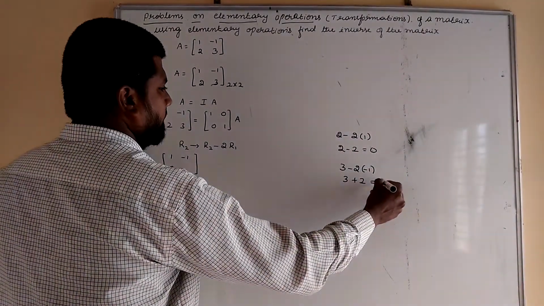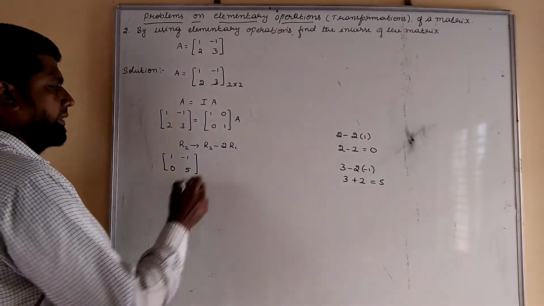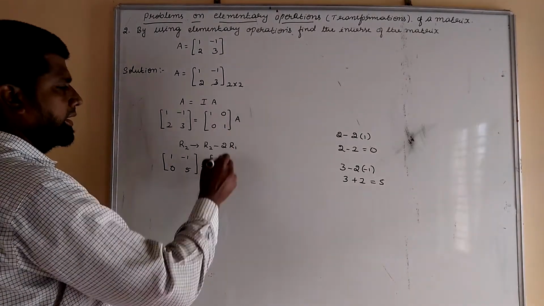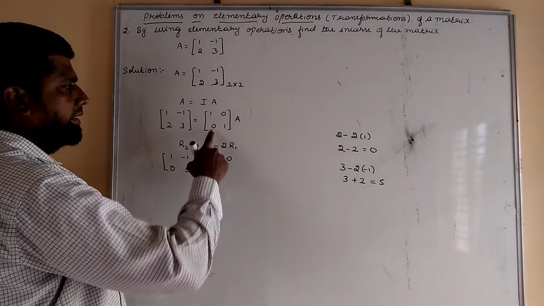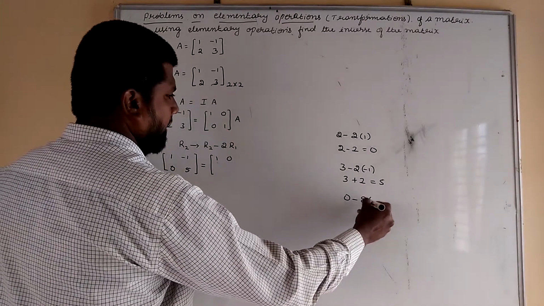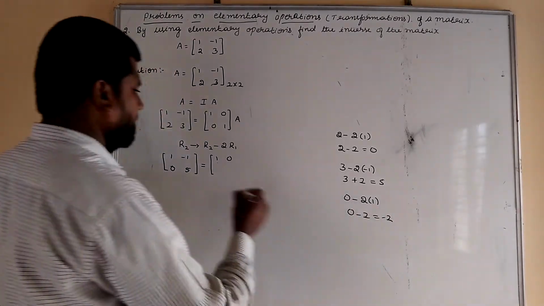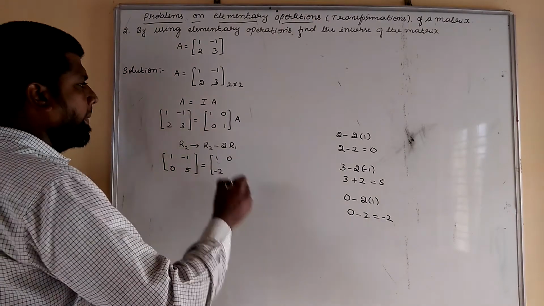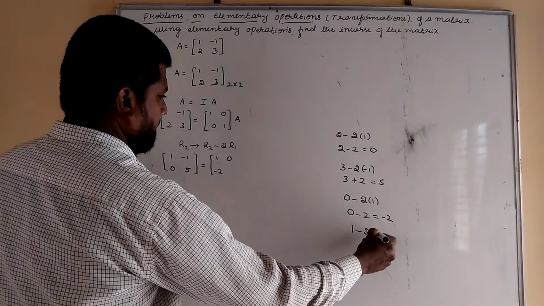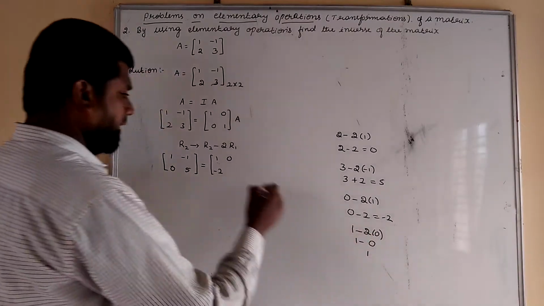You are getting 5. We change the second row as 0, 5. Let us write the first row the same, 1, 0. Then 0 minus 2 into 1 is minus 2. Then 1 minus 2 into 0 is 0, so you are getting 1.